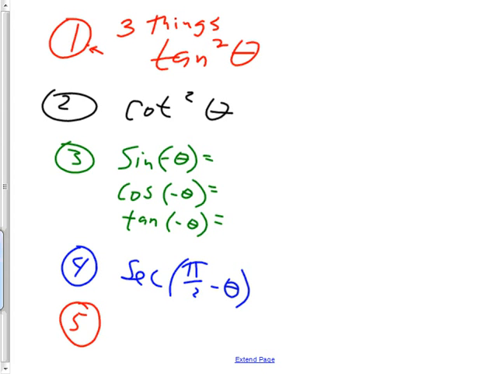Okay. Anyway, number 5. Try to get something you could swap out for. I'm going to stretch you on this one. Sine, and I need 3 things. 3 things you could put in for sine.